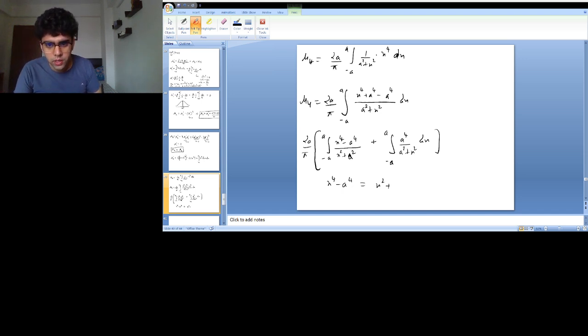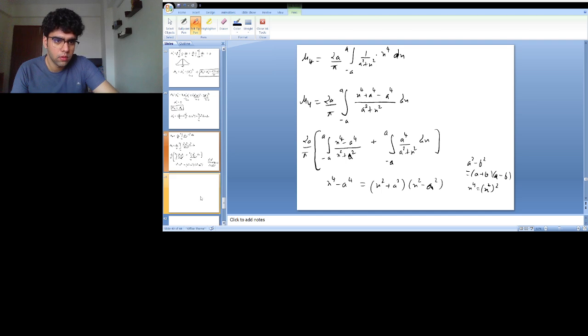This becomes x square plus a square into x square minus a square, because of the identity a square minus b square is equal to a plus b into a minus b. And x to the power 4 is x square, the whole square of x square. So just applying that identity here.